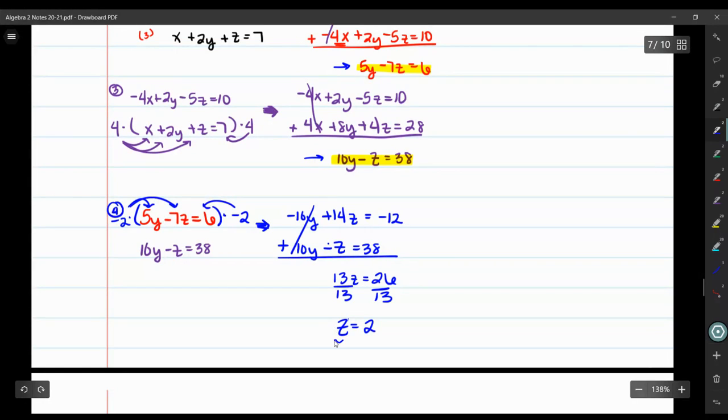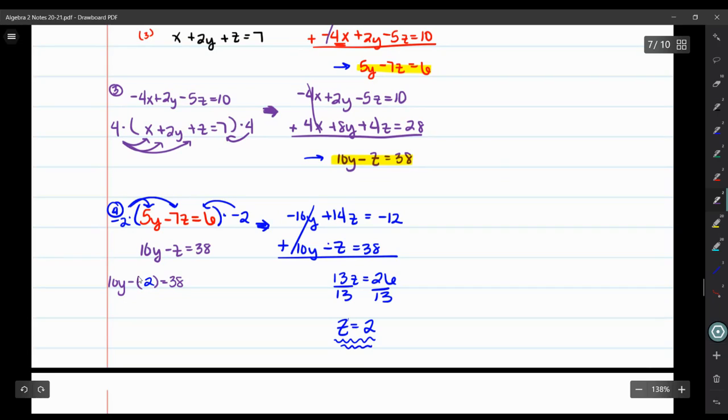Now, that's one solution. We need 2 more. So let's find the first one by using our 2-variable system because we're still in step 4. I think it's easier to substitute into the bottom equation. Looks a little less difficult. So it's going to be 10y minus z, which is actually a 2, equals 38.